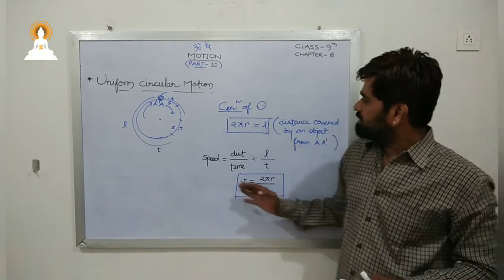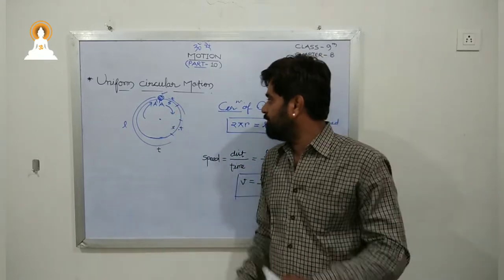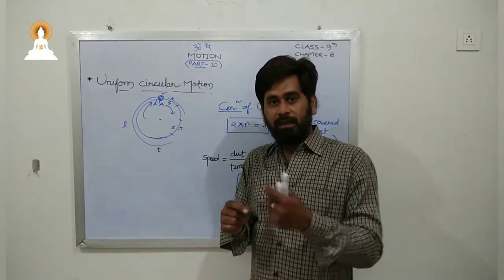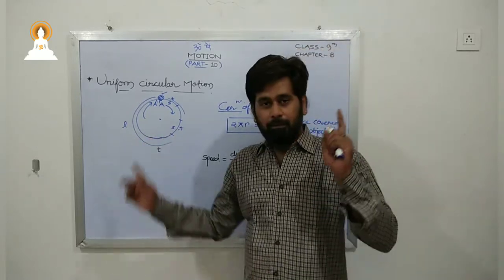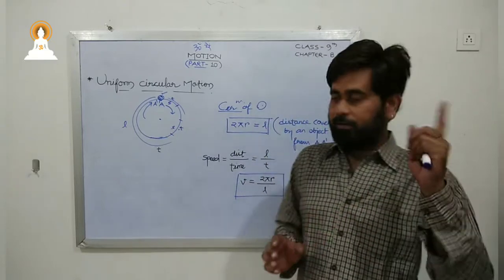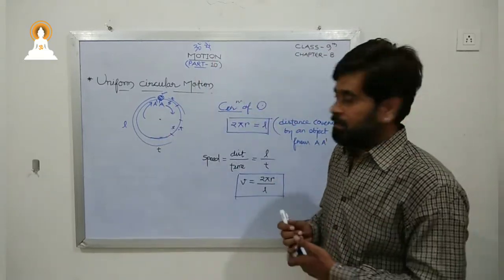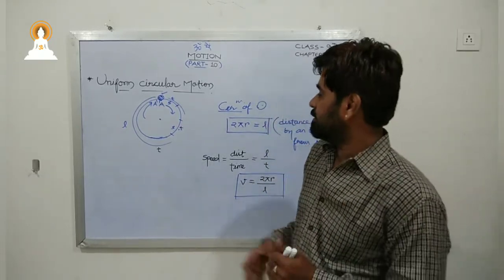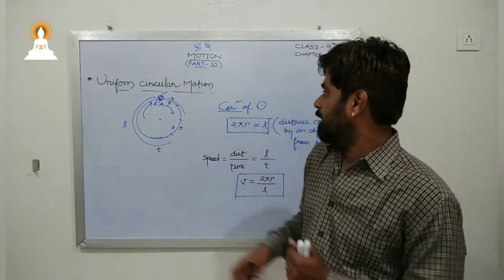Now a few examples. We may take the example when we tie a thread to a stone and rotate it; that performs a circular motion.